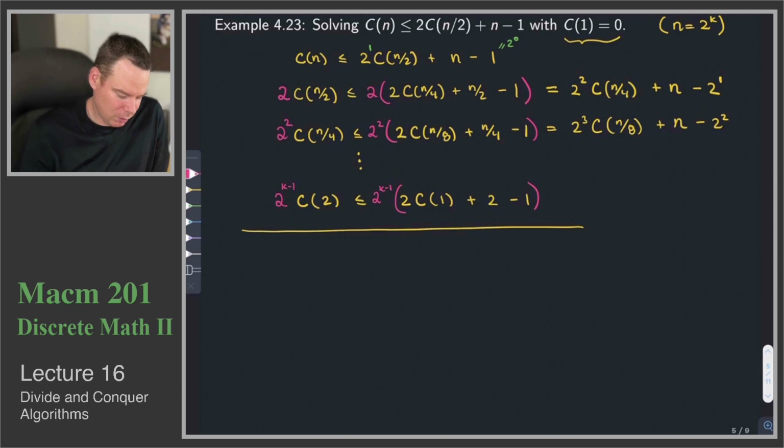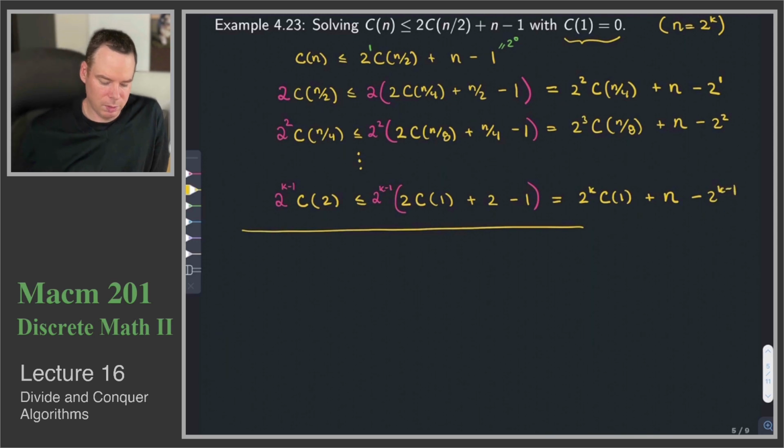We scaled through by 2 to the k minus 1, and so now I can work out that right hand side. It's 2 to the k C(1), and then plus 2 to the k minus 1 times 2, but that's just an n. So we've got an n there, and then minus a 2 to the k minus 1. And there's our full pattern.